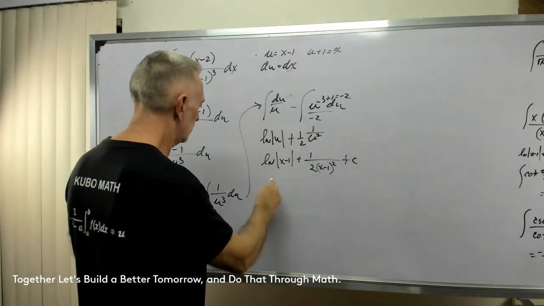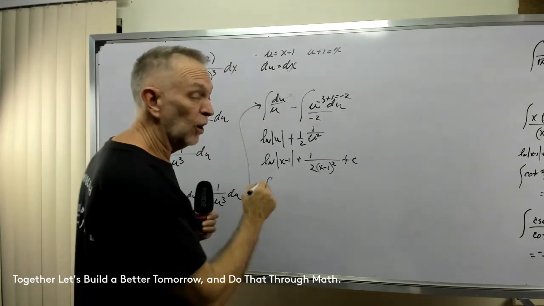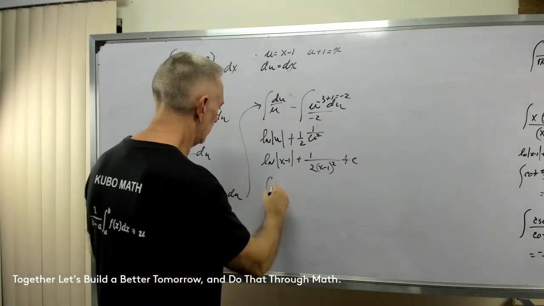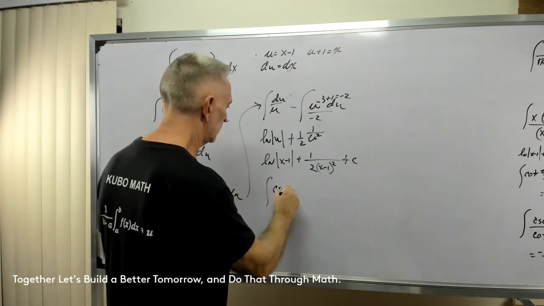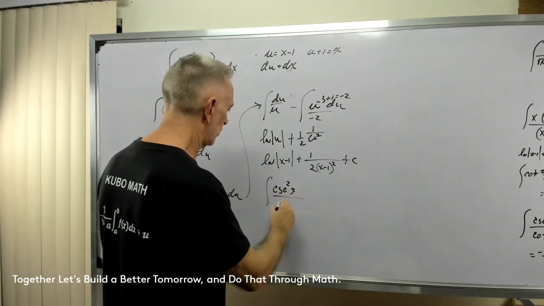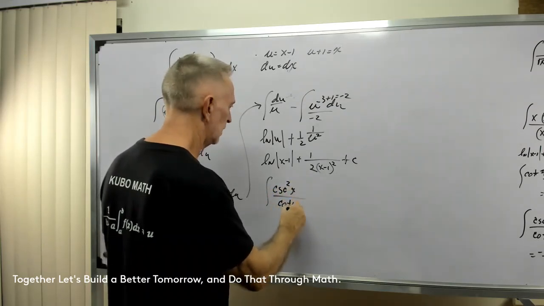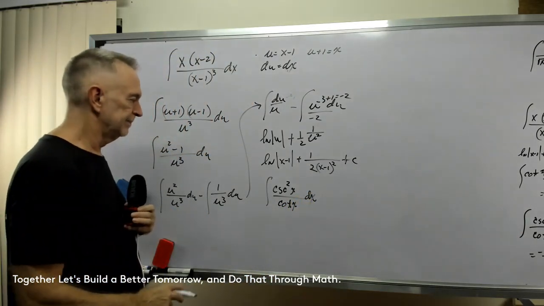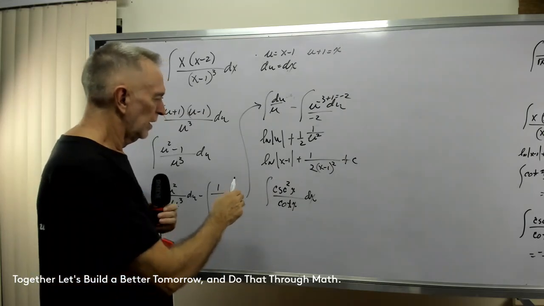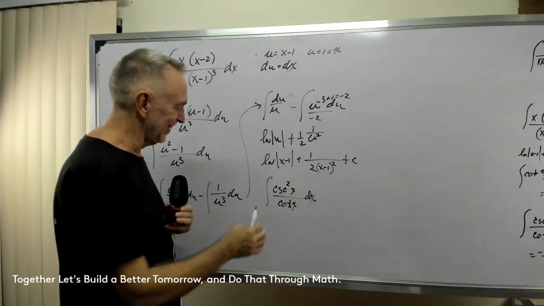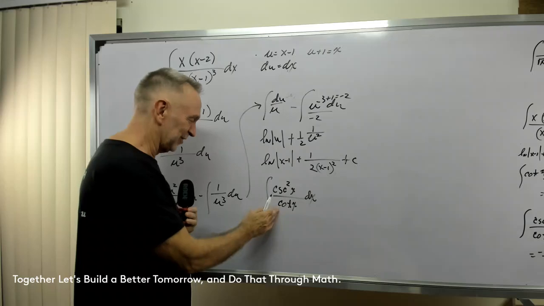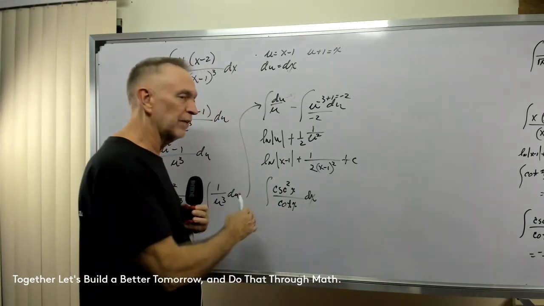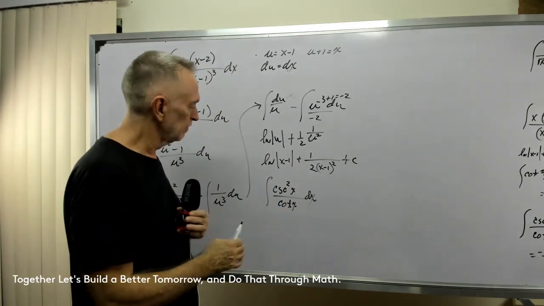One last one and then we'll stop. Alright, this one is all about knowing your derivatives: the integral of cosecant squared x over cotangent x dx. Well, you have to know derivatives for sure to do this one, because what is the derivative of cotangent x?